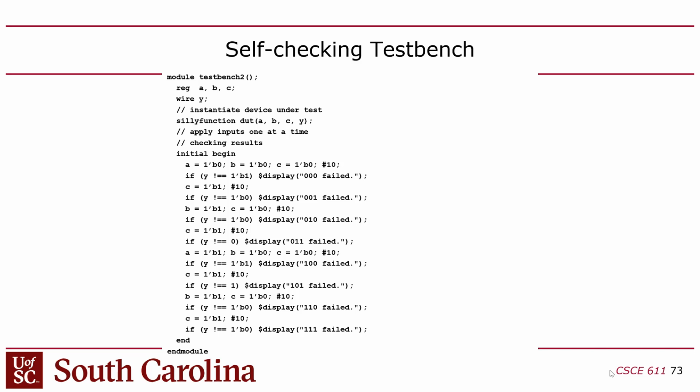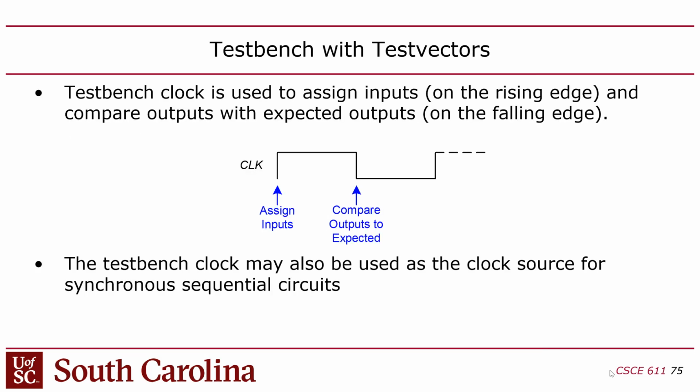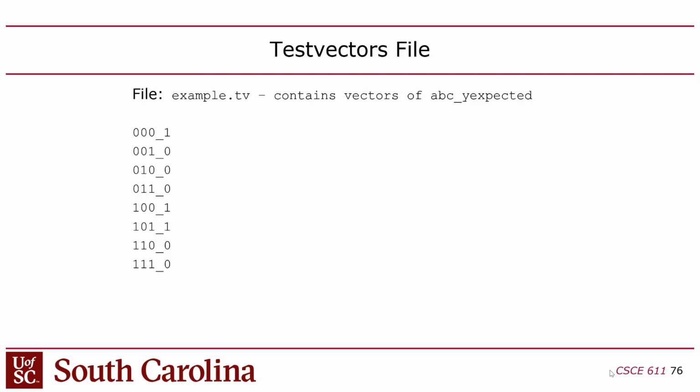So we can store those in a separate file, which looks like this, just one test vector per line. I don't even think you have to put them on separate lines. I think any white space will do to separate them. But in this case, I've got one per line. And notice I put a little underscore here to separate the A, B, and C from the expected Y. Make sense? Okay.